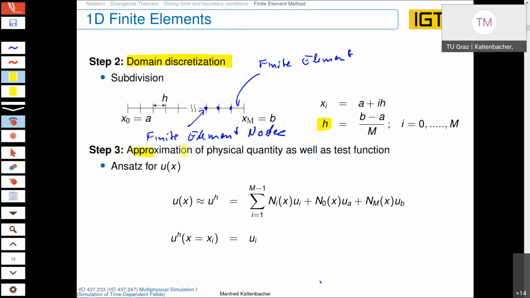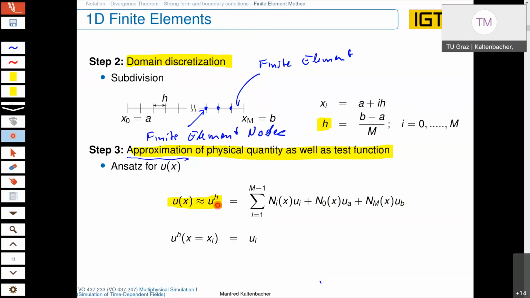And step 3, and that is important, we approximate the physical quantity. As you can see here, we write it in this way: the continuous solution u of x is now approximated by a discrete one.